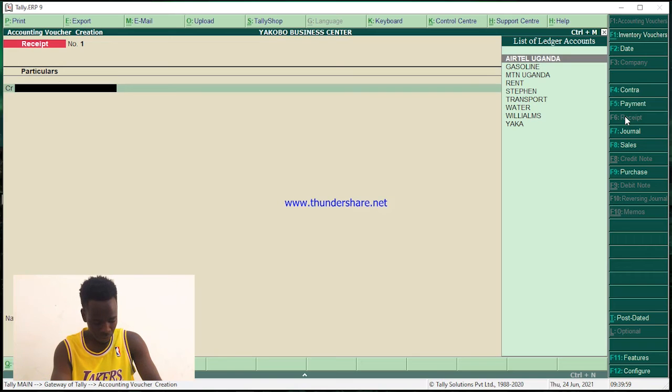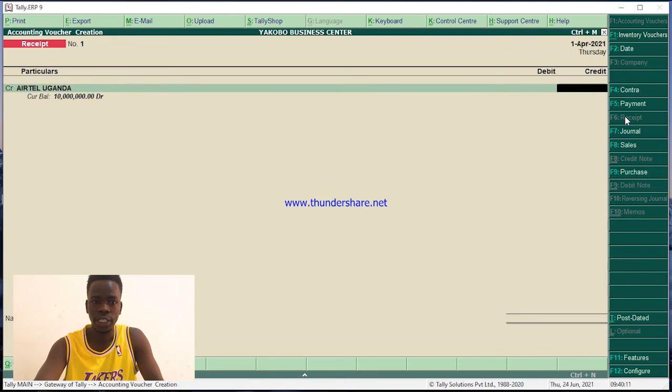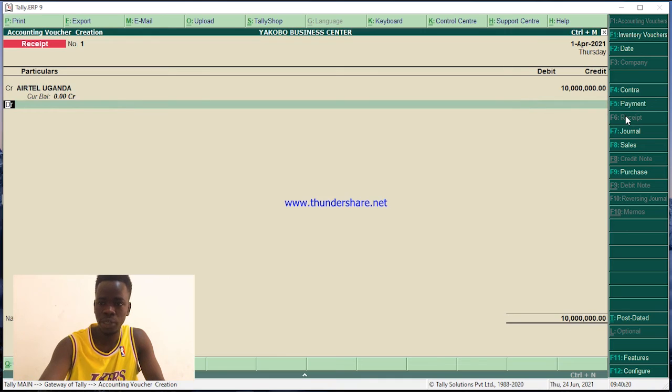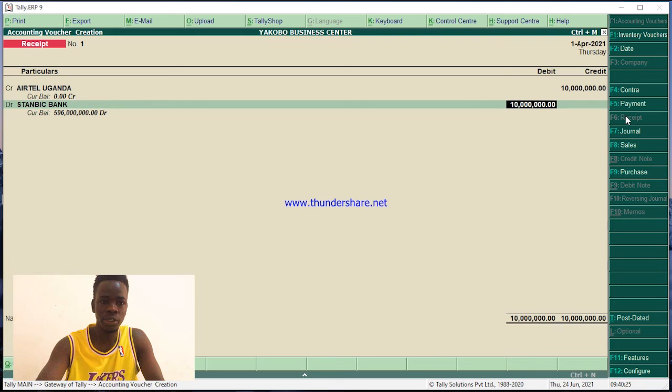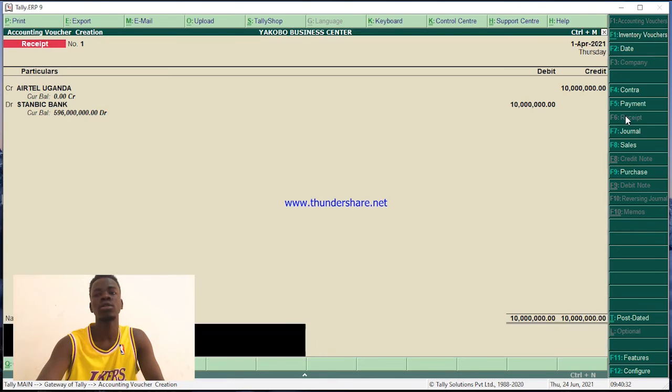The first one, we have received a payment from Airtel Uganda. We have received a payment of 10 million. So we are going to pay direct into the bank. So we accept the transaction.